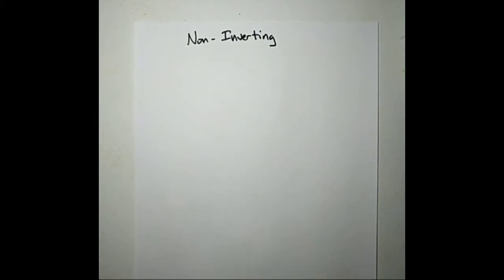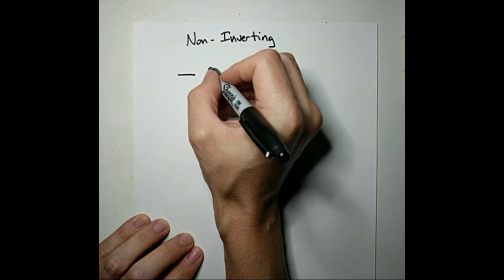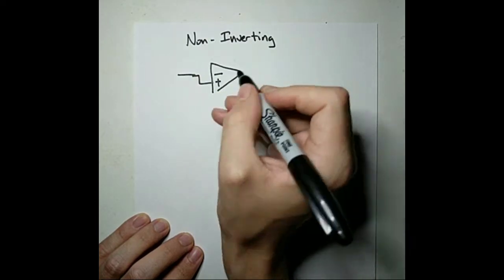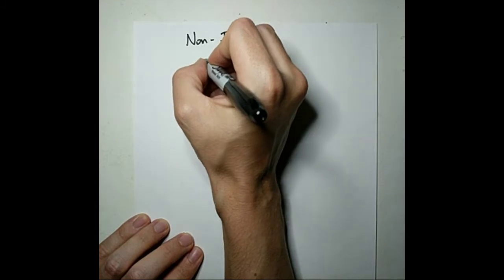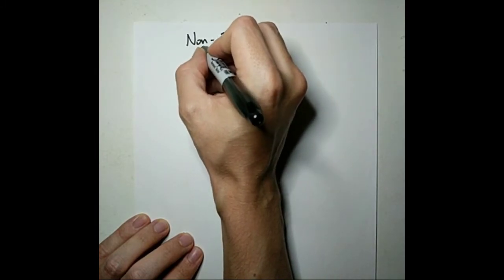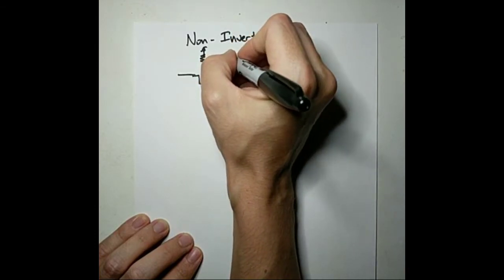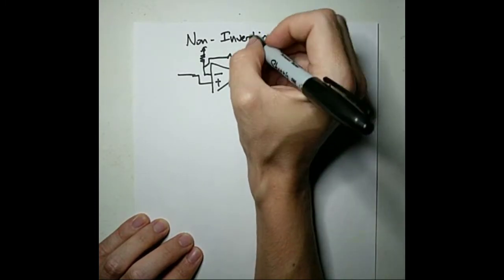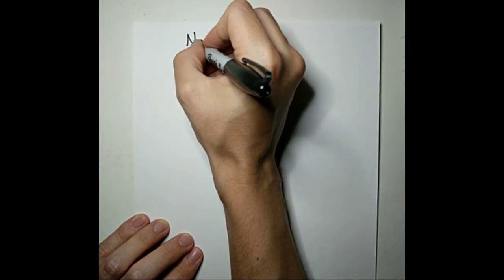So for a non-inverting op amp, we're going into the non-inverting input. And we again have two resistors. It's R2 and R1, and this is going to ground.